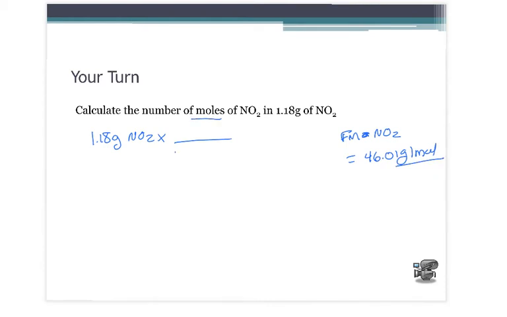So we know that there's 46.01 grams of NO2 per 1 mole of NO2. The grams cancel out and we're left with moles. And this gives us 2.56 times 10 to the negative 2 moles of NO2.